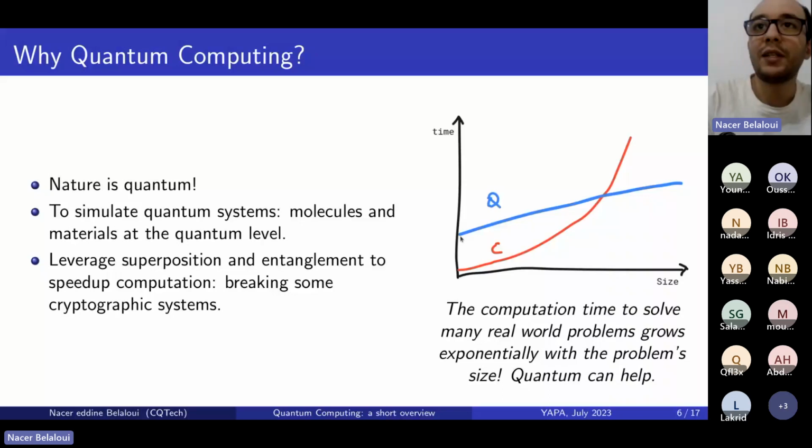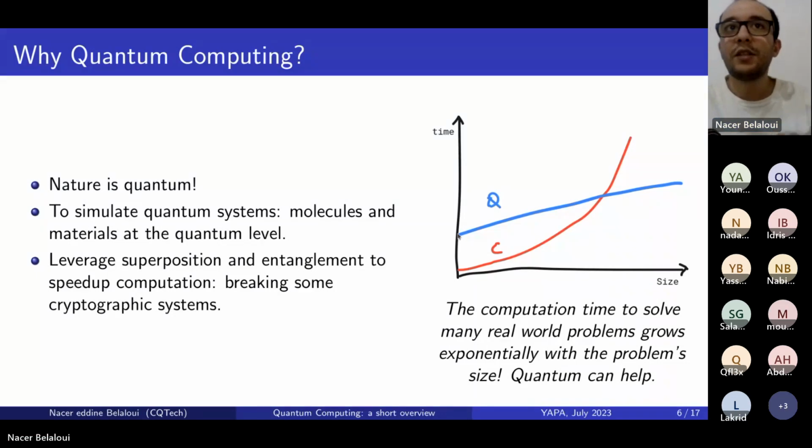We can also see something here that I've drawn on purpose. At the very start, when the problem size is small, we have some overhead for quantum computation, because it's not easy to perform quantum computation. But as the problem gets more and more complicated, quantum computers will perform better than classical computers.